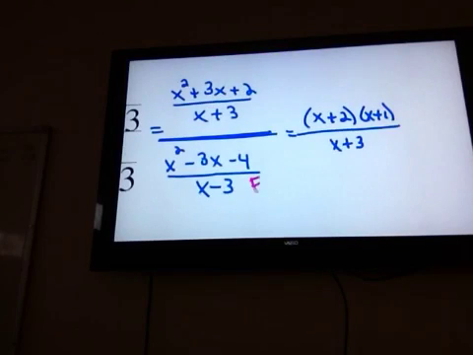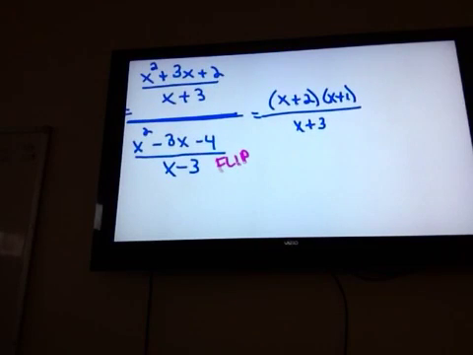This one's going to flip. So my x minus 3 is going to come up. And I'm going to factor the x squared minus 3x minus 4 into x minus 4, x plus 1.